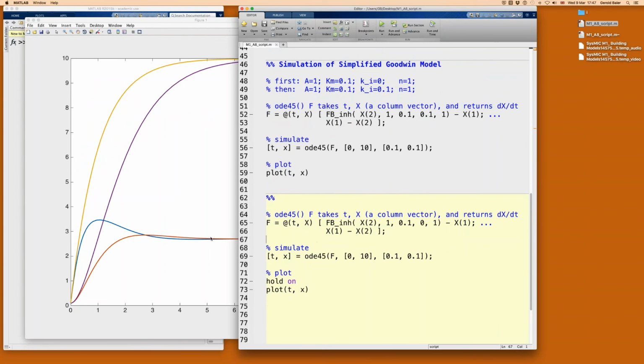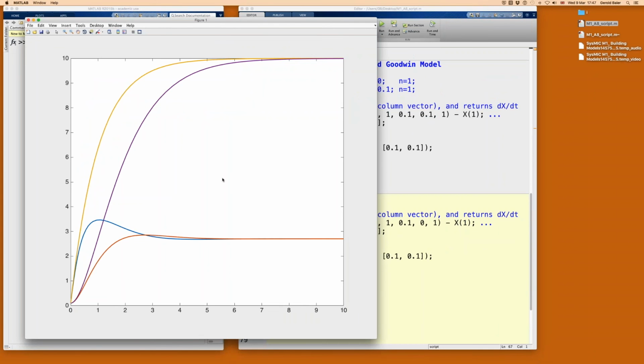And what we can see is that inhibition actually means the steady states have been decreased. So the yellow and purple curves are now our original uninhibited or no feedback network, yellow being x1. And we can see they rise to this high level 10.